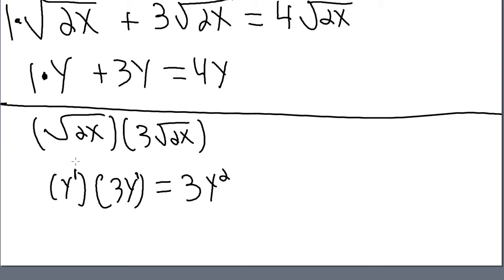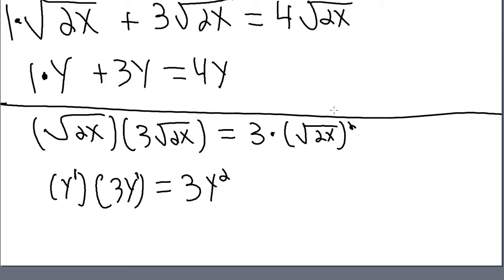So when we're multiplying these radicals, what's going to happen is, I've talked about this a little bit before, if you multiply two radicals together, this is kind of the same thing as if you were to square them. The 3 is going to stay the same, and you're actually going to get the square root of 2x squared.